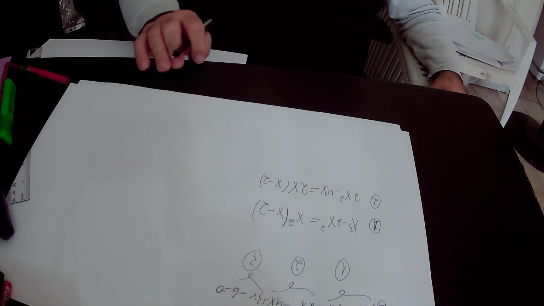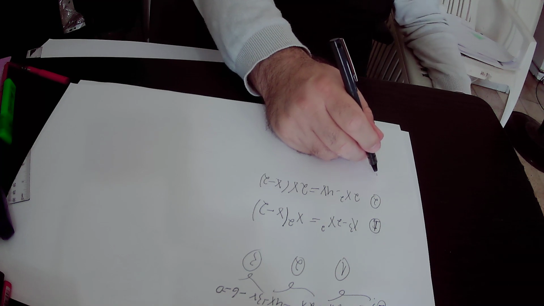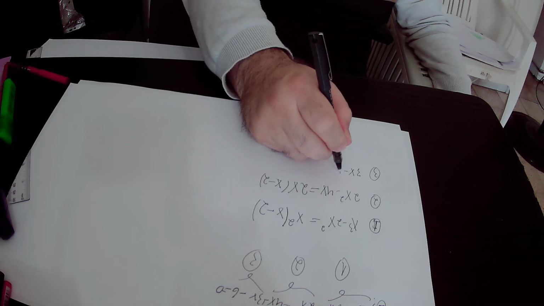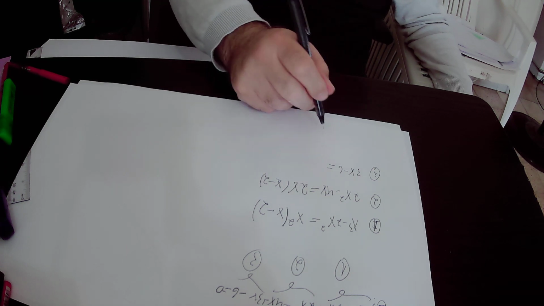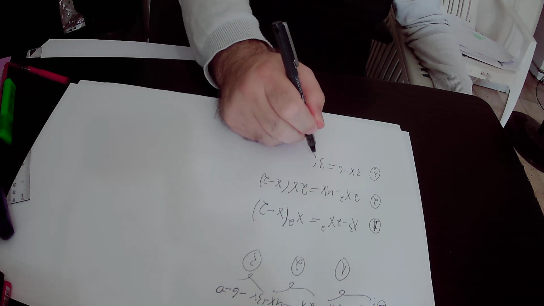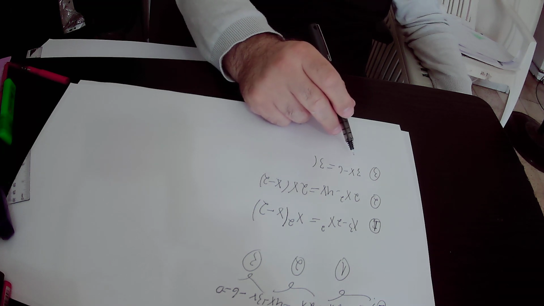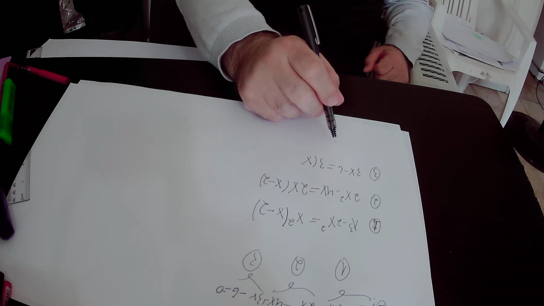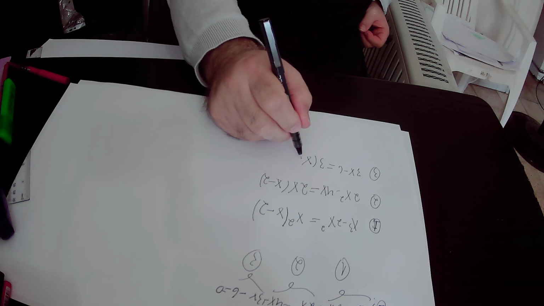And then we will take a common factor from the expression 3x minus 6. We will take a common factor of 3, and what is left from 3x is x, and what is left from minus 6 is minus 2.